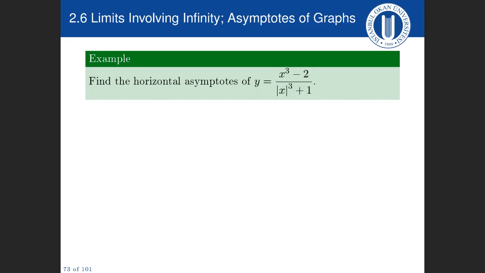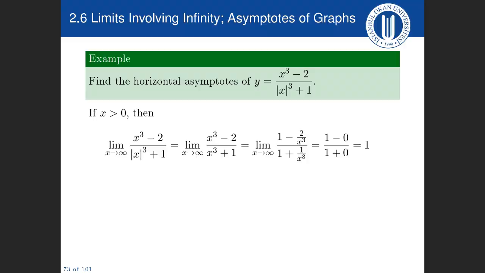For example, find the horizontal asymptotes of x cubed minus 2 divided by the absolute value of x cubed plus 1. We need to calculate the limit as x tends to infinity and the limit as x tends to minus infinity. First, let's take the limit as x tends to infinity.